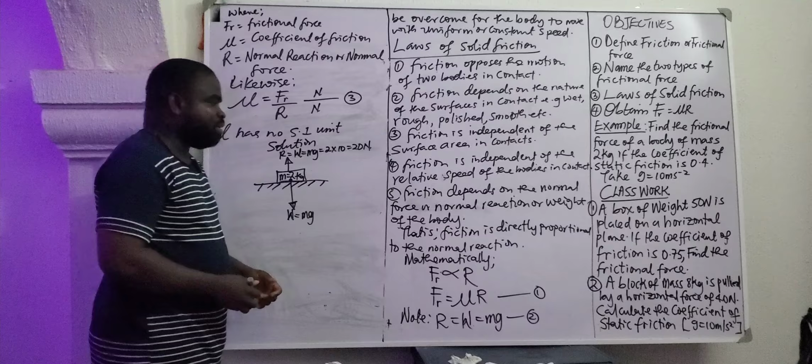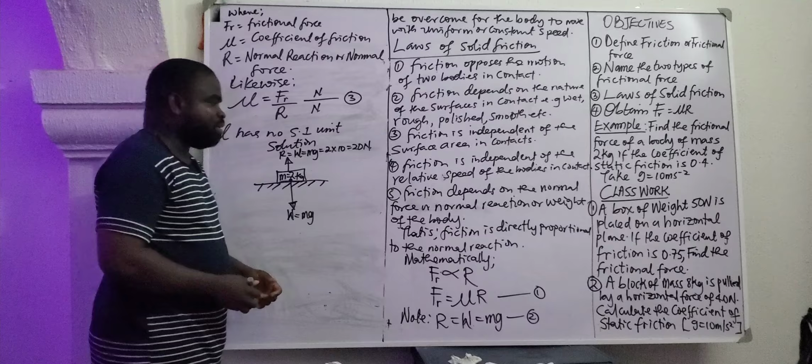So let's take this calculation and then you will do the classwork that I have given to you. So we have that a mass of 2 kg is placed on a horizontal surface. Solution.